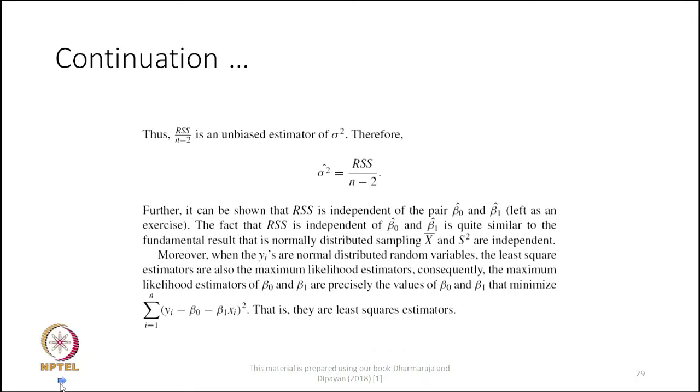That is what we are saying. The estimator of sigma square is going to be the residual sum of squares divided by n minus 2. Just now we have concluded the expectation of the estimator of sigma square is the same as sigma square. Therefore, this is an unbiased estimator.